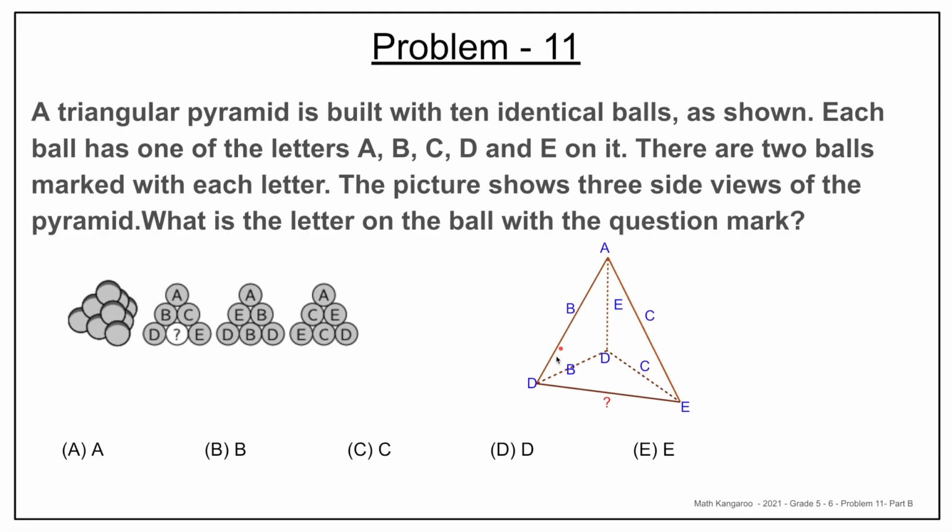One face is ABD, another is ACE, and the bottom is D, question mark, E. The side face is AED, the side face is ABD, and the third face is ACE.